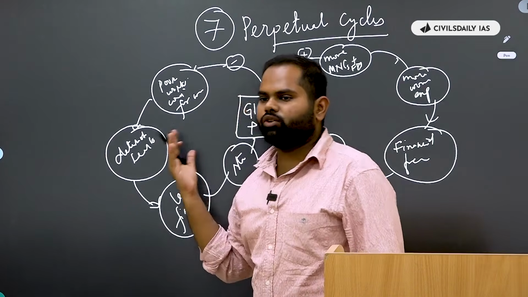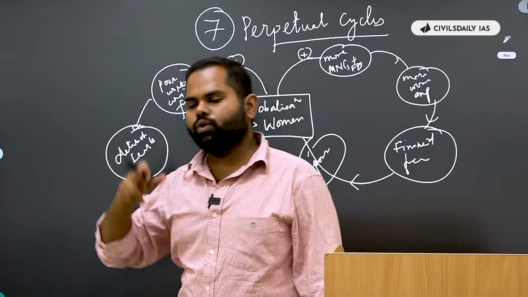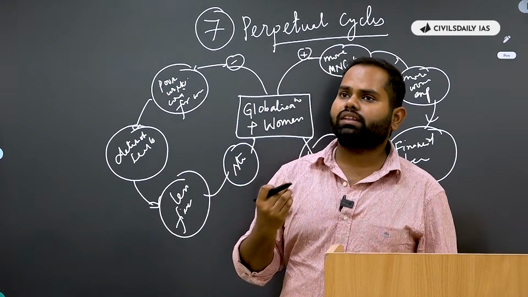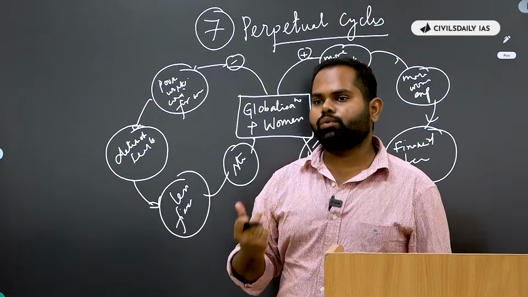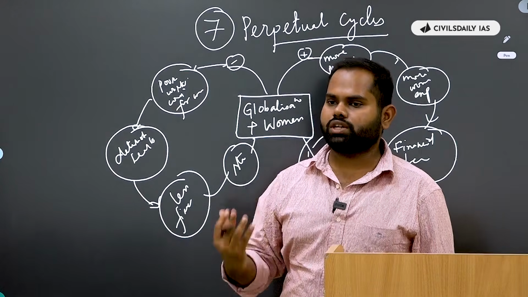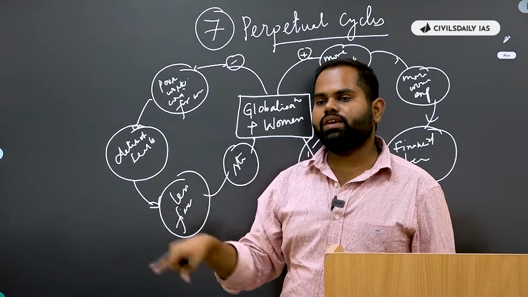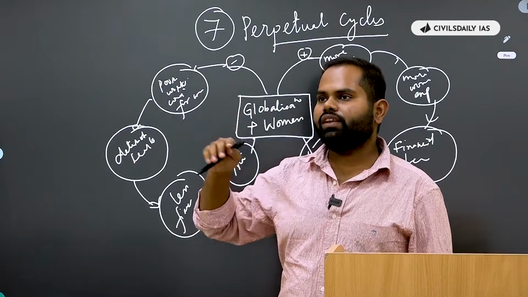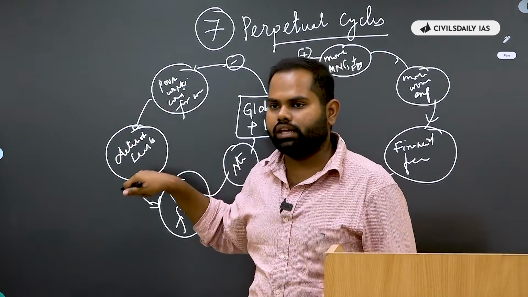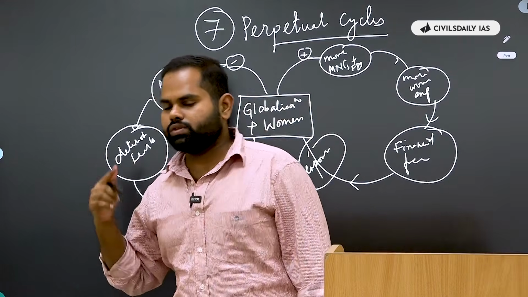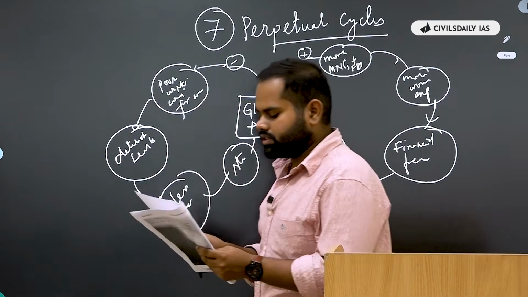So this is something that you can draw when you have two aspects and you'll have to do a perpetuity cycle. This is something that you can show about exploitation, about online bullying. You can talk about poverty, social welfare, concept of freebies, how freebies could be for development, and also freebies could be a culture of dependency. So on topics like that, you can use a perpetual cycle as one of the constructs.